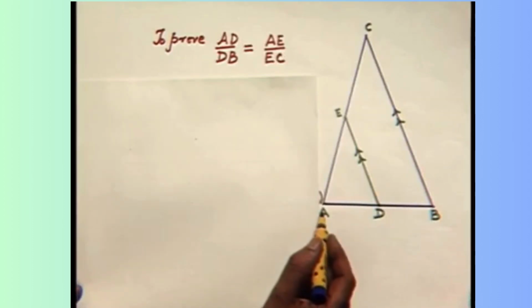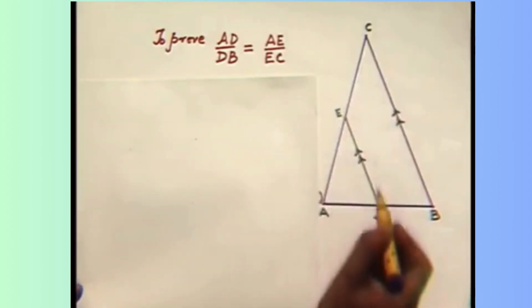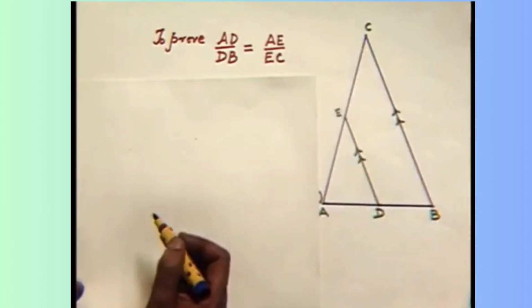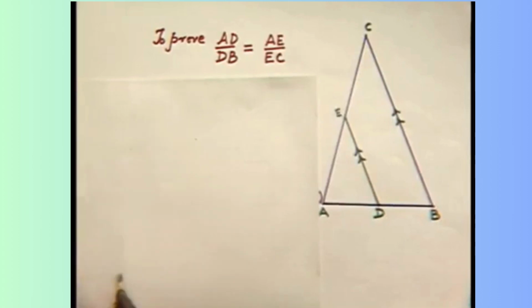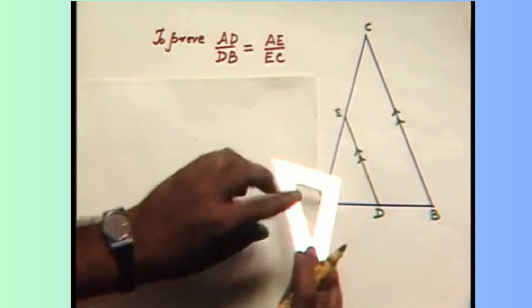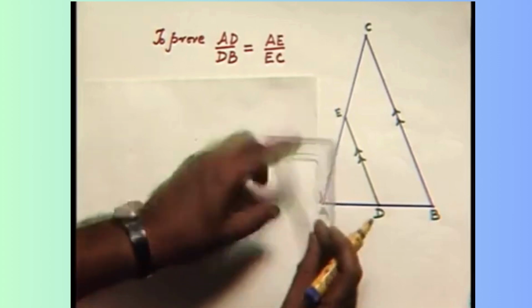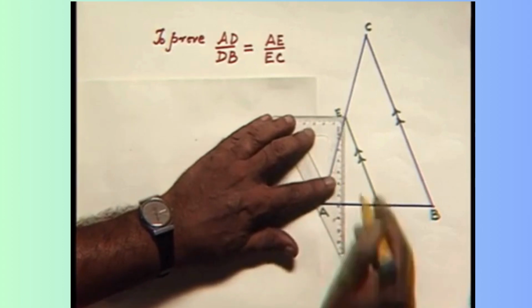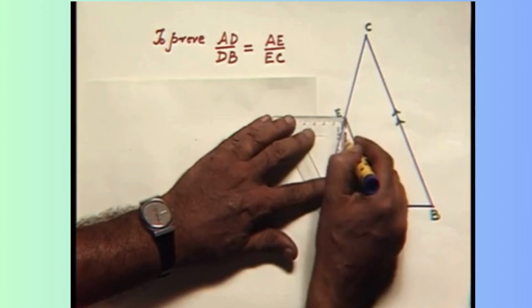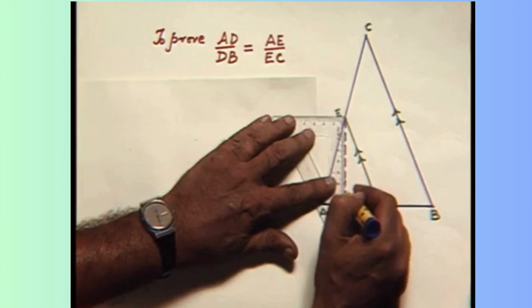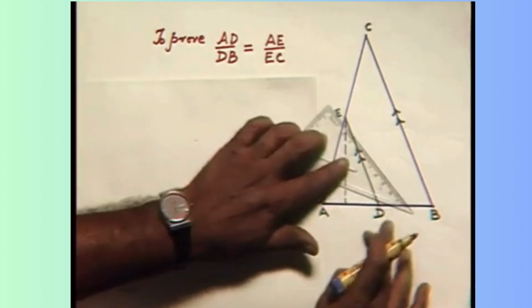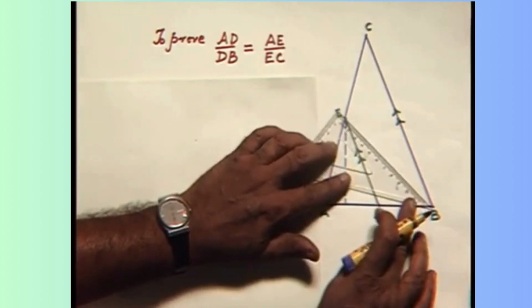Now, here is a triangle ABC and the line DE is parallel to the side BC. Now, I need the area of triangle ADE. For that, I will draw a perpendicular from E on AD. And let us take the other triangle as EBD.